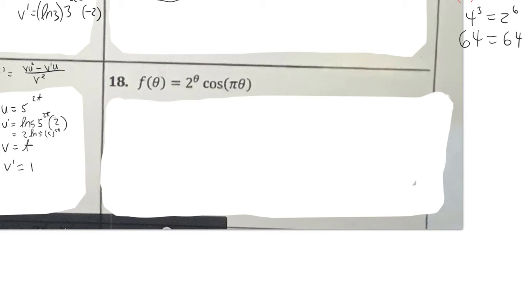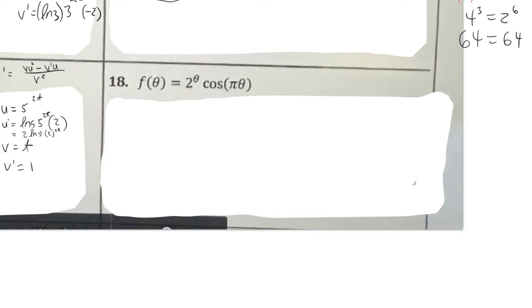Okay, so looking at this one, it certainly looks like it's going to be a product rule scenario. And one of the things that's potentially confusing about this is that instead of an x, we're using theta, but don't be thrown off by that. Theta is just a symbol that often symbolizes an unknown angle, okay? An unknown angle. So what we're going to do is really the same thing that we would do if it was just an x or whatever.